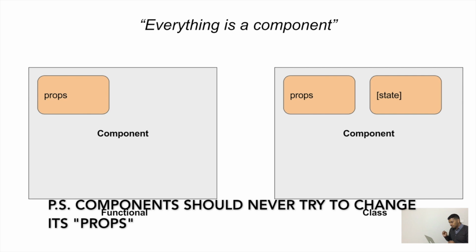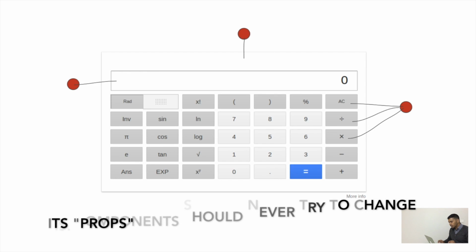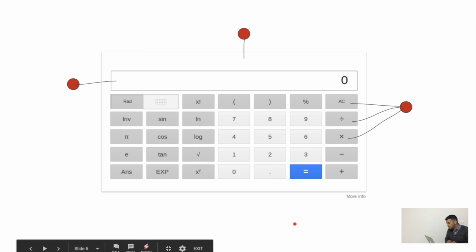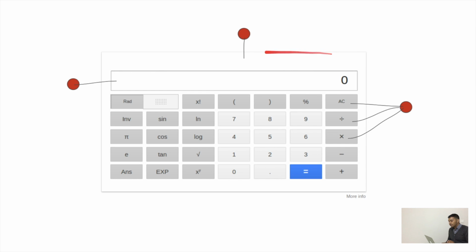So let's look in more detail at what I'm talking about. Let's suppose whenever you try to compute some mathematical expression on Google, you get to see this sort of calculator on Google, right? So if we talk about building this sort of calculator in React, since we already know now that everything is a component in React, the container of this calculator is the master component.